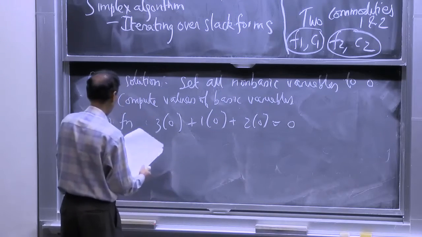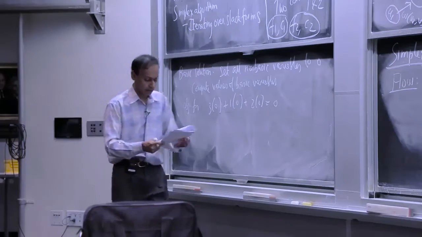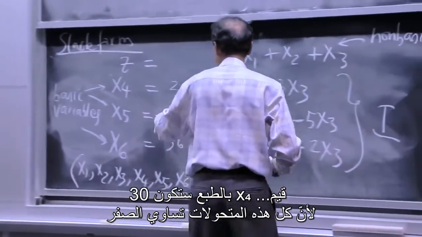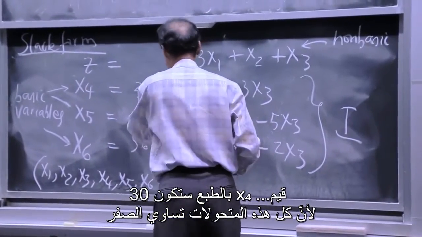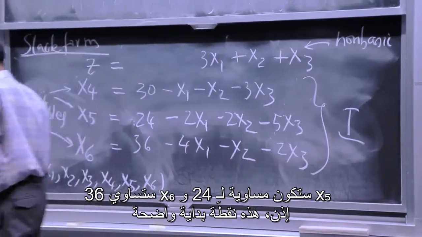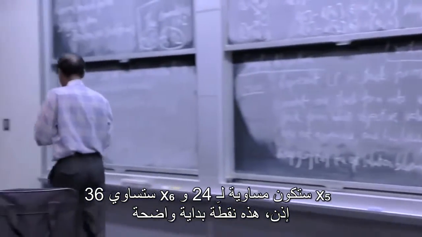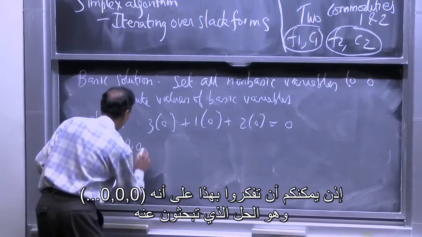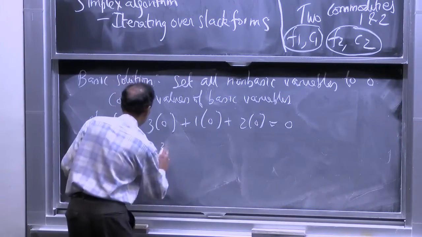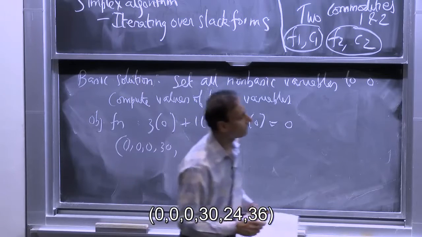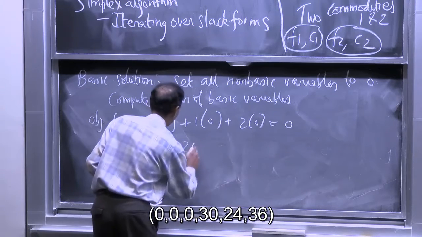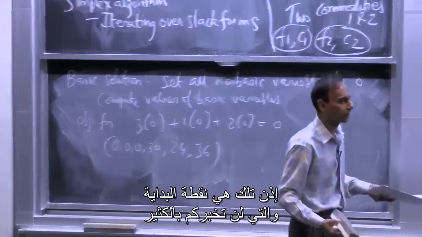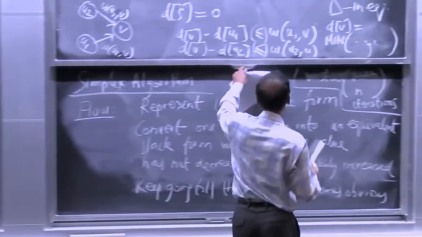And the values of x4, because all of these are 0, is going to be 30, x5 is going to be 24, and x6 is going to be 36. So this is kind of a trivial starting point. You can think of the solution that you're looking at as 0, 0, 0, 30, 24, and 36. So that's our starting point, which doesn't really tell you much.